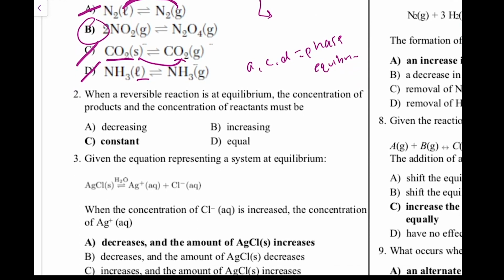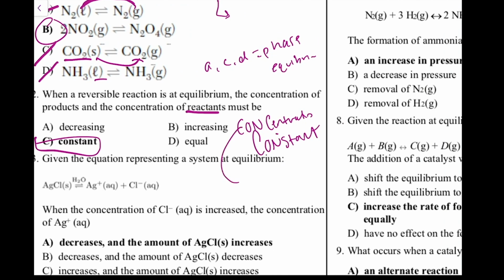Number 2, when a reversible reaction is at equilibrium, the concentration of products and the concentration of reactants must be constant.